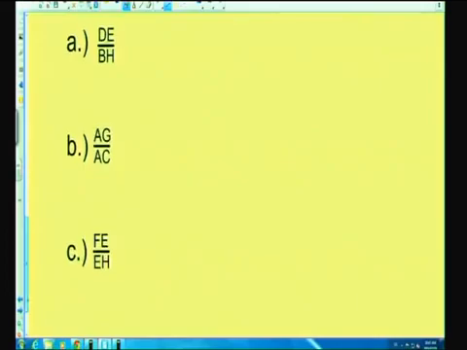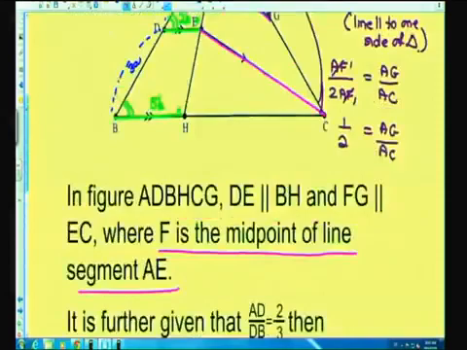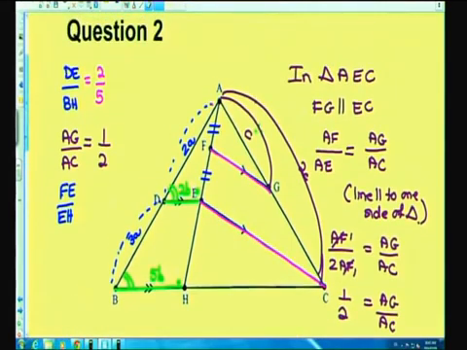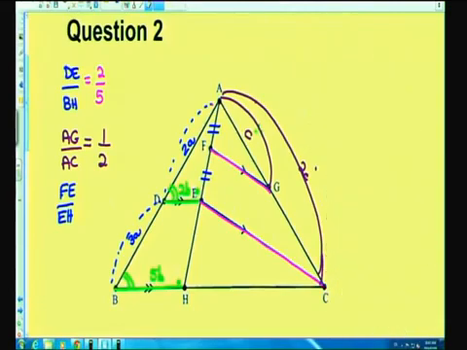They now ask me for FE to EH. All right, let's just get some space here. Right, we've got plenty of room there, and let's just change the color of our pen so it's clear we're not working with the same things.